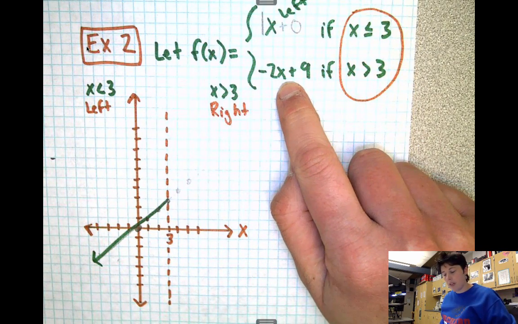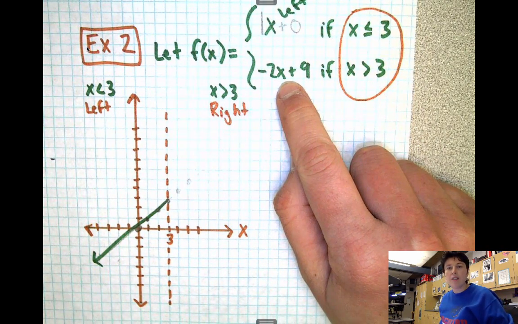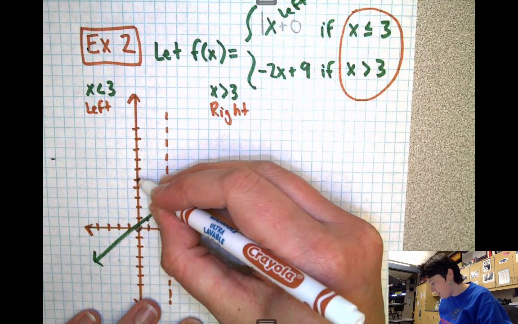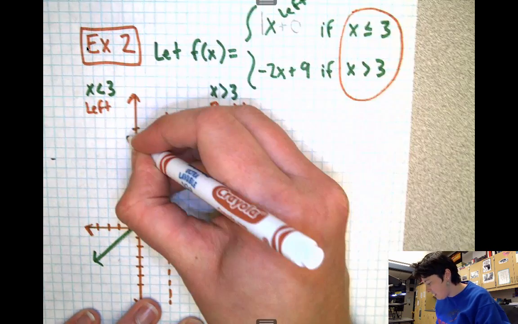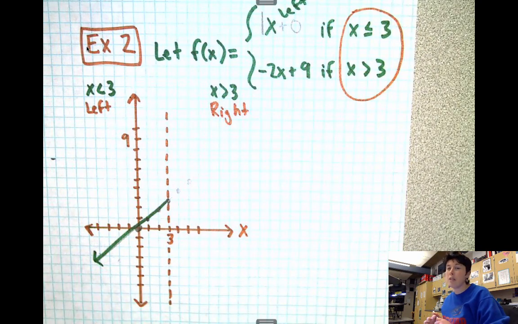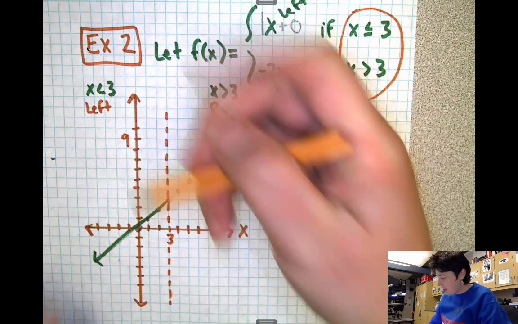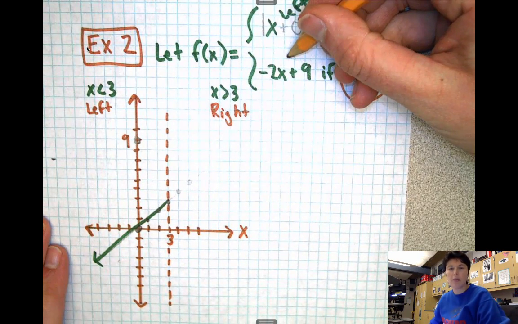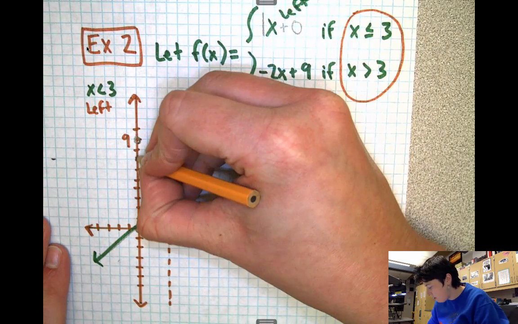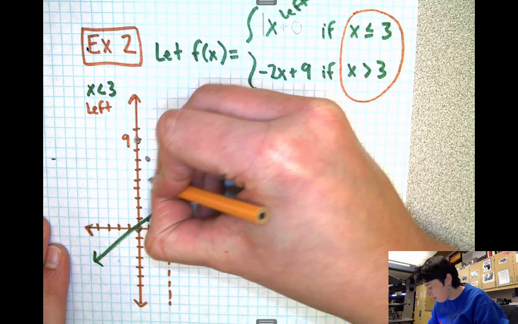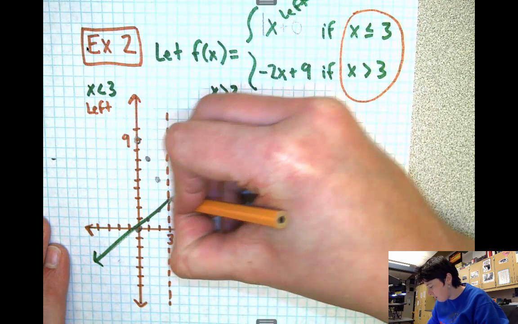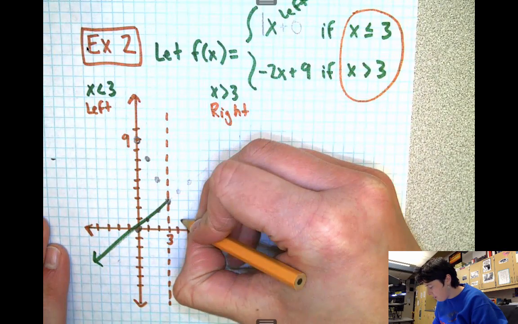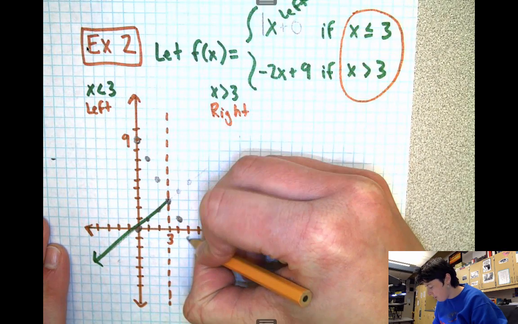I'm gonna do negative 2x plus 9. Think about that. It starts at a plus 9, so I'm gonna have to count up 1, 2, 3, 4, 5, 6, 7, 8, 9 to get that graph started. And I'm gonna use my pencil again. And this one has a minus 2x rule, so it's going down 2 over 1, down 2 over 1, down 2 over 1, down 2 over 1, down 2 over 1.